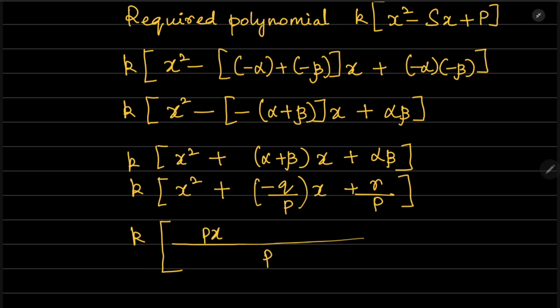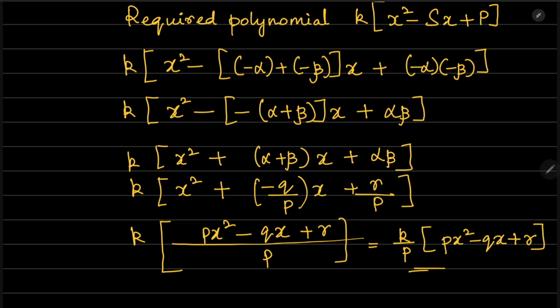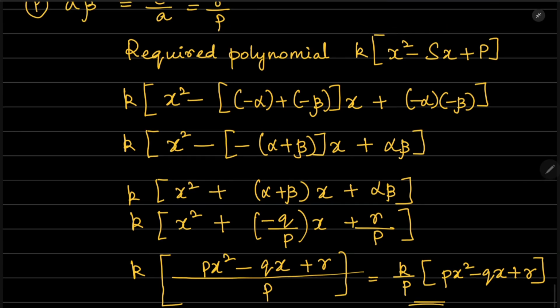So you have px square minus qx plus r. Am I right? So you can take p outside. So you'll have k by p multiplied by px square minus qx plus r. So this is the required polynomial when the zeros are negative of the given.